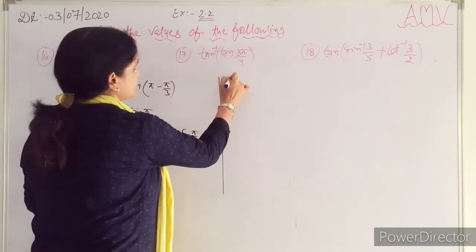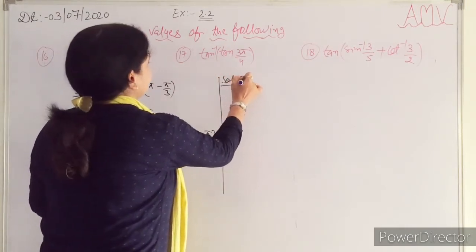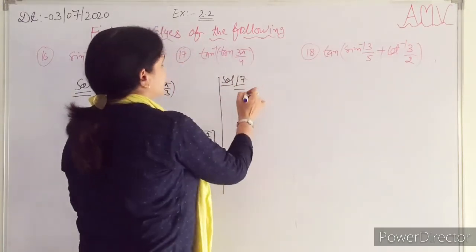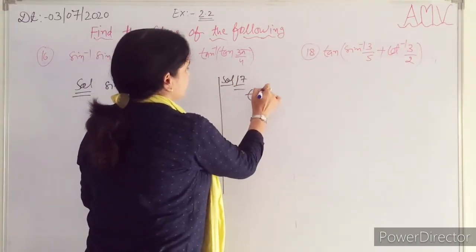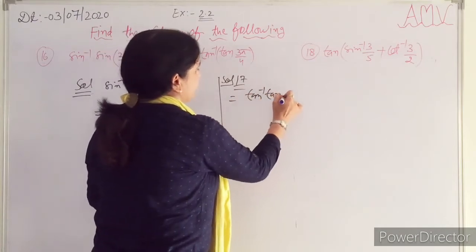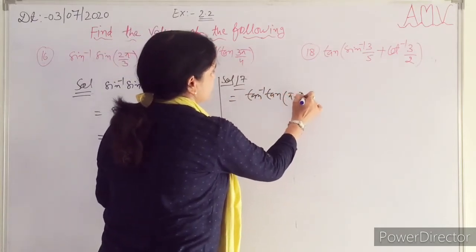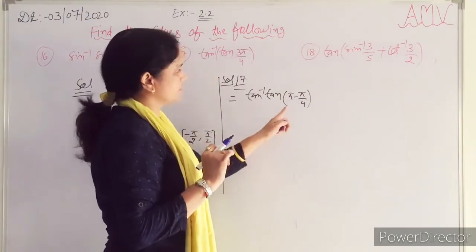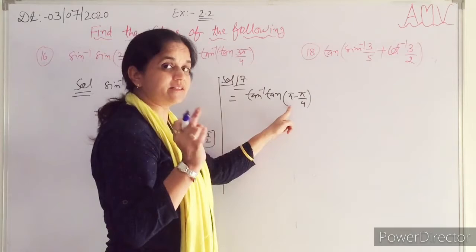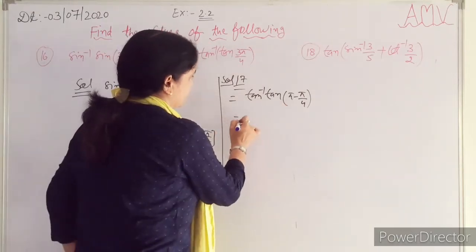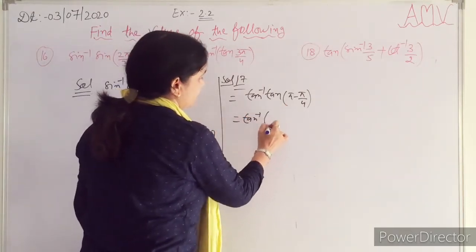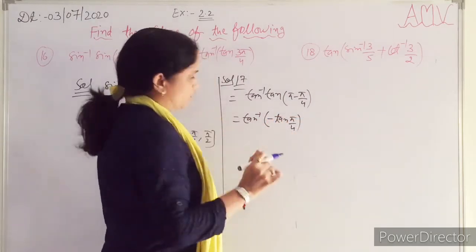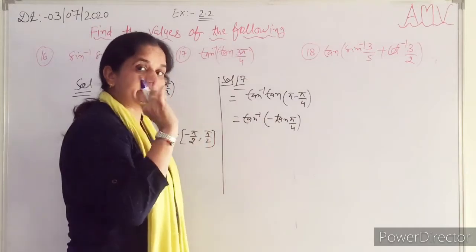Next student, question number 17. Here it's tan inverse tan 3 pi by 4. So for this question, tan inverse tan of pi minus pi by 4. Pi minus pi by 4 is in the second quadrant, and tan is negative in the second quadrant. So it is tan inverse minus tan pi by 4. And now see the properties of tan inverse.